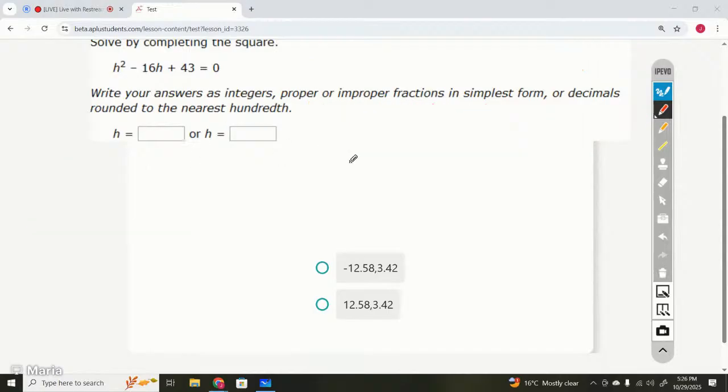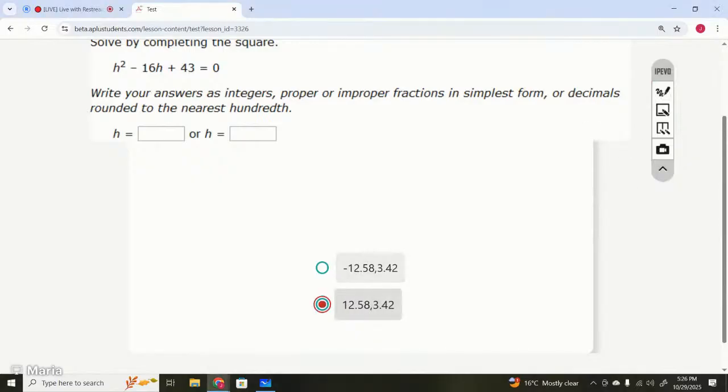So we need to add 4.5. So 4.5 plus 8 is 12.5 and 3.42. Option number 2 is the correct option, that is 12.58 and 3.42.